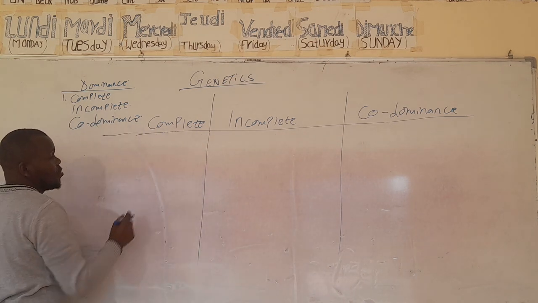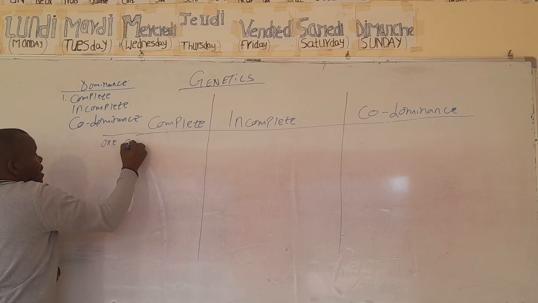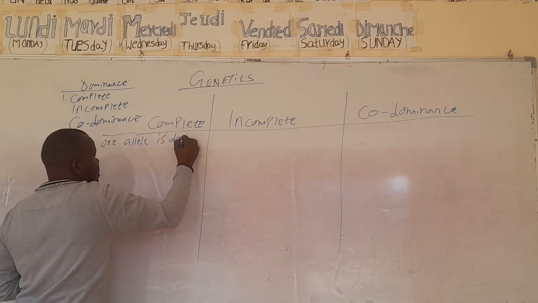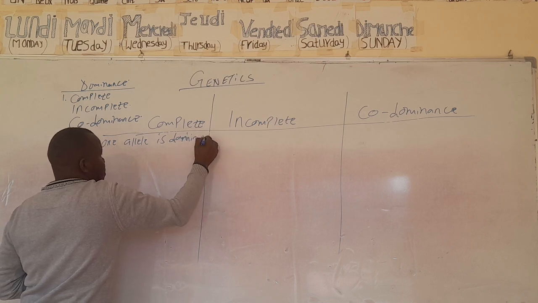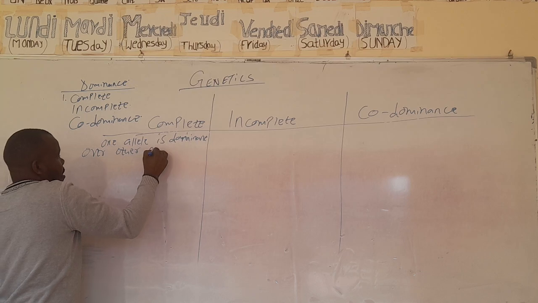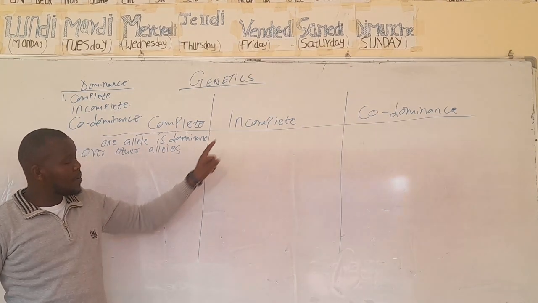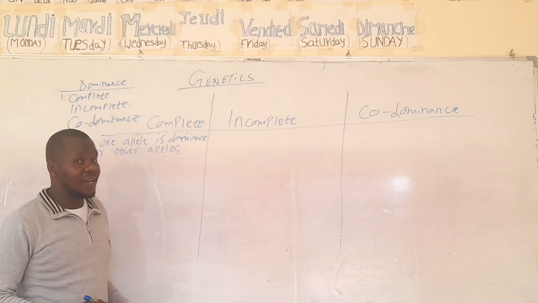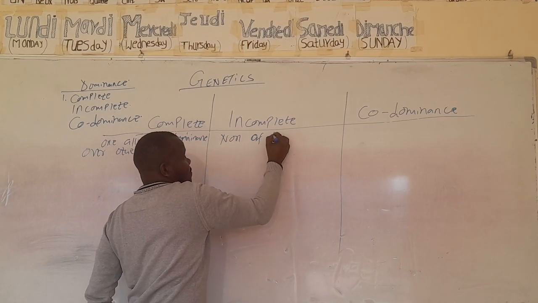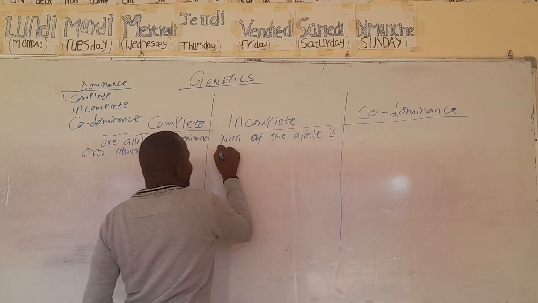We speak about one allele being dominant over the other alleles. What about incomplete dominance? None of the alleles is dominant over the other.